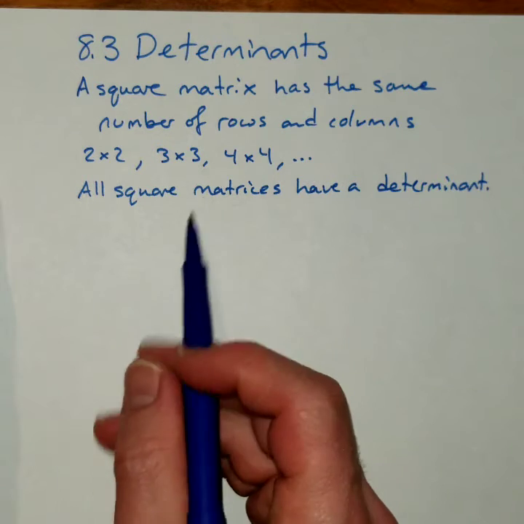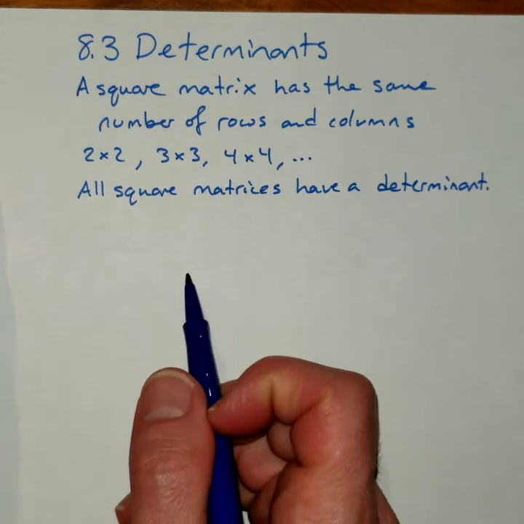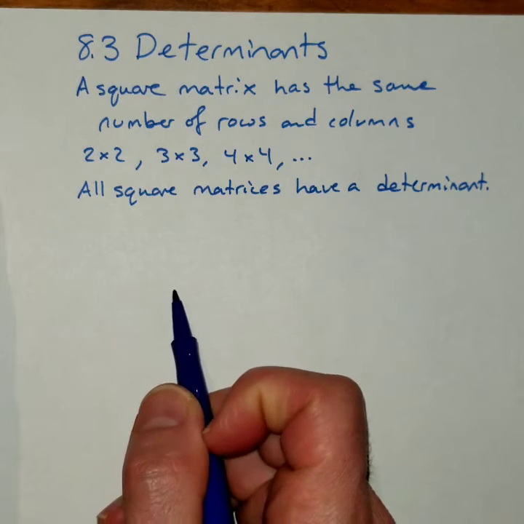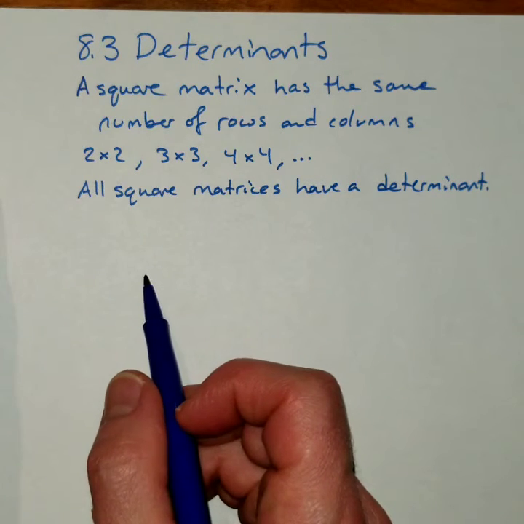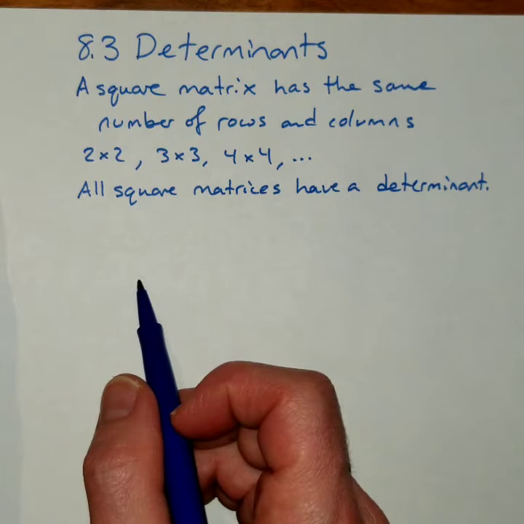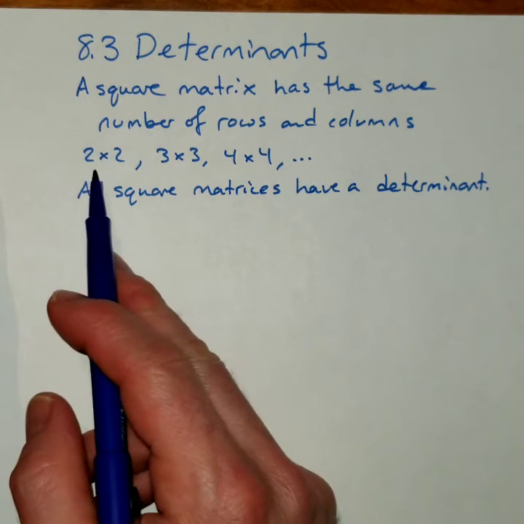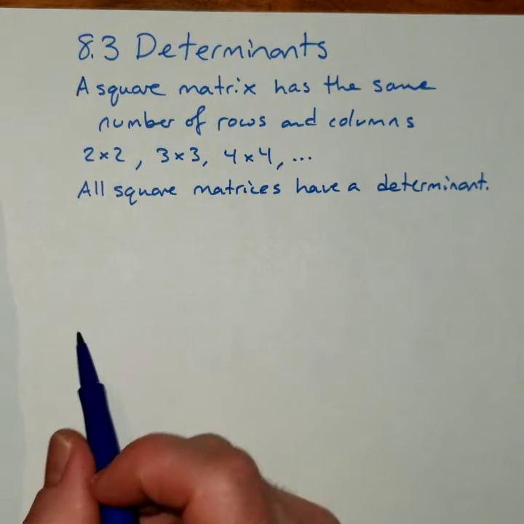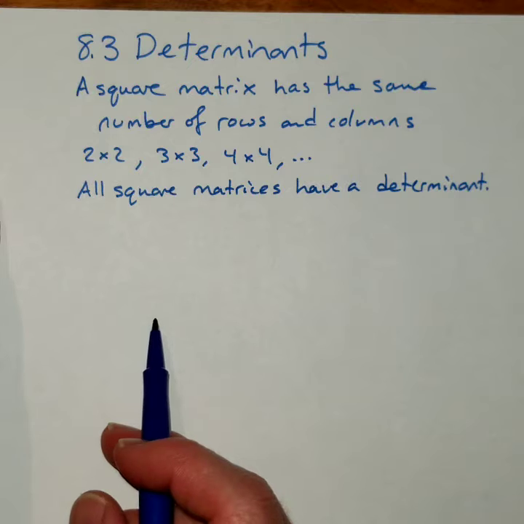If you want to learn the more general ones, you can go through the textbook or ask me questions, or look it up online as well. But right now, there's a trick that I'm going to show you for 2 by 2 and 3 by 3 matrices to find the determinants.